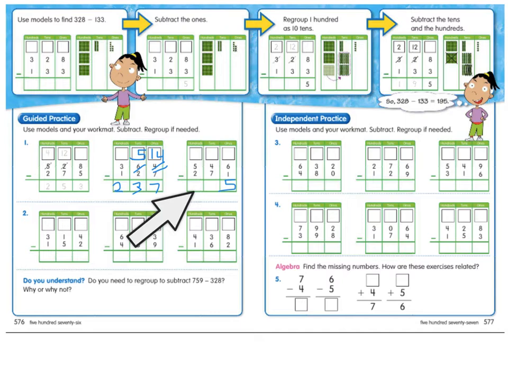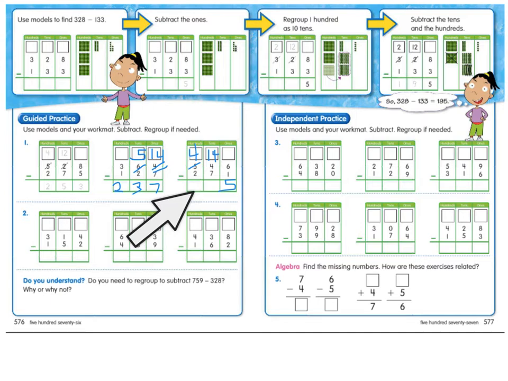Go next door, and I'm going to grab 10 more by breaking 100 into 10 tens. So I'm going to cross off my 5, and I'm going to put a 4 at the top. Then I'm going to give those 10 tens to the 4 tens, and 10 plus 4 is 14. So I'm going to put 14 at the top.